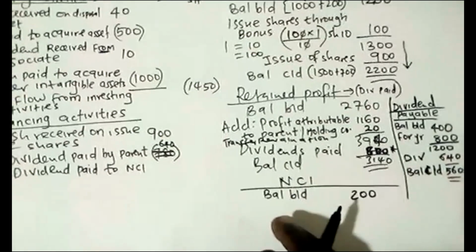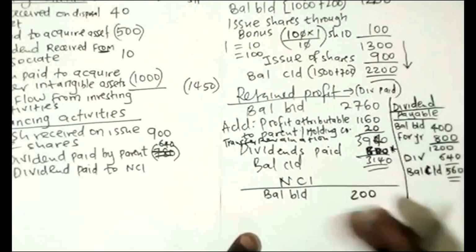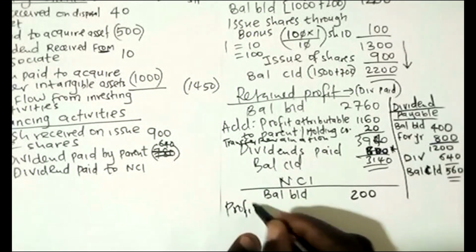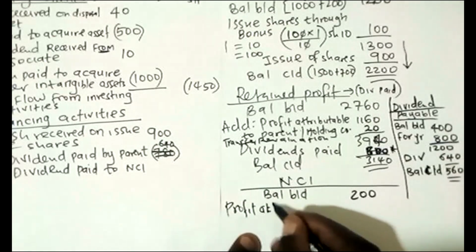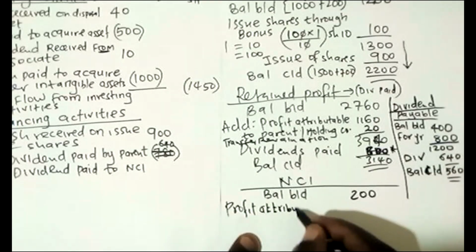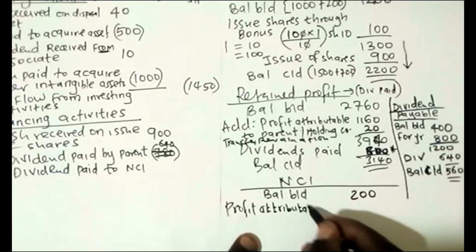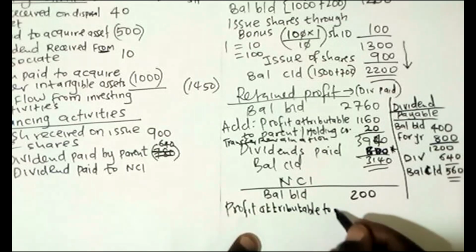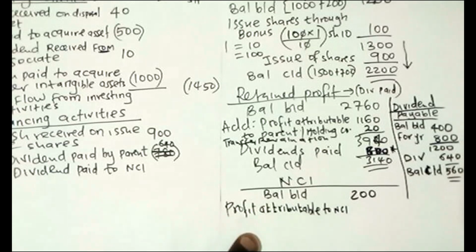Then for the NCI, balance brought down, then profit attributable to the NCI. Profit attributable to the NCI is of which value?